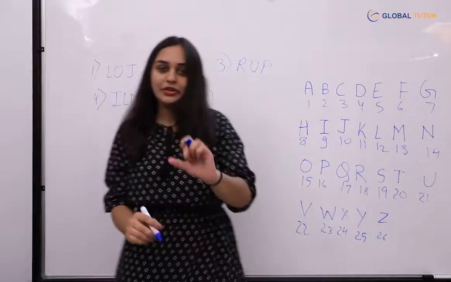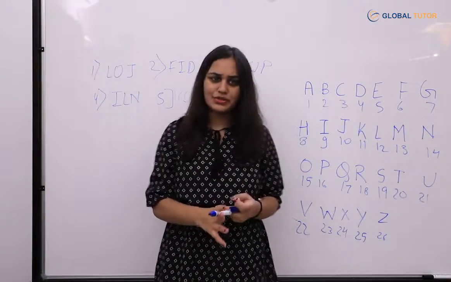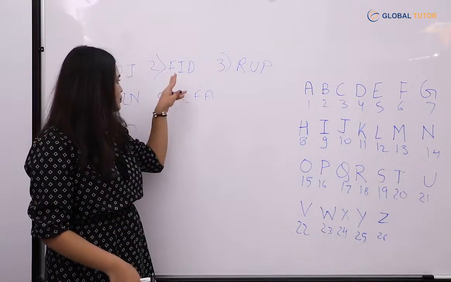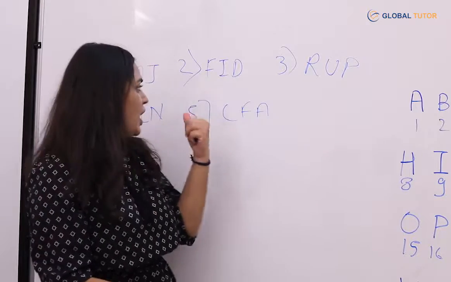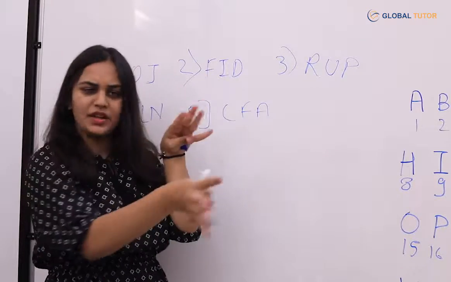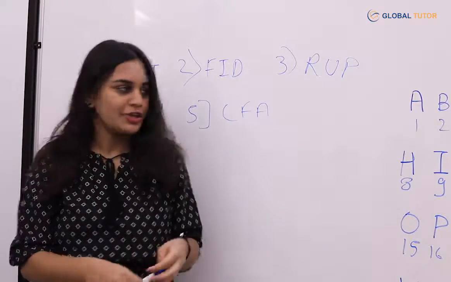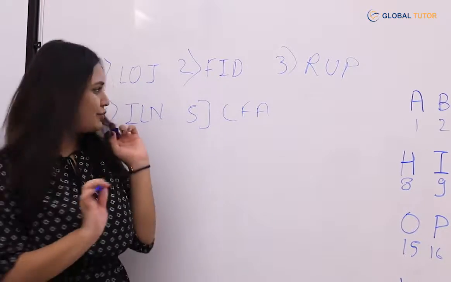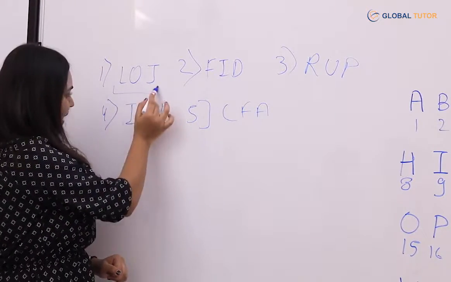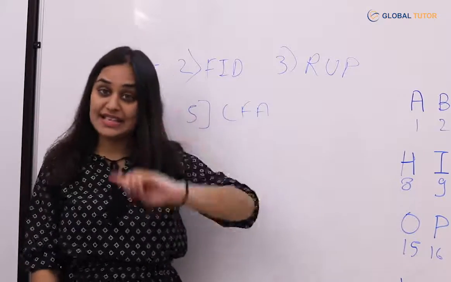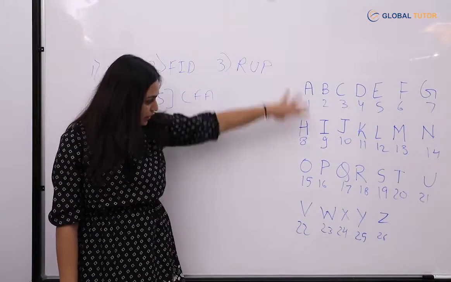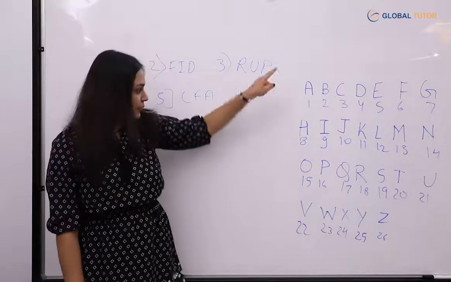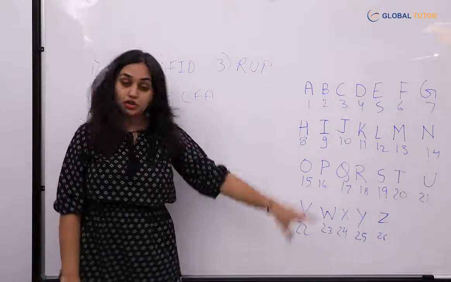All the questions that we discussed in our previous episodes had options with two letters in every group, and we never discussed a combination of 3 letters or more. So this might be a little tricky, so listen closely. We've got LOJ. As I said in our first episode, always make this particular chart from A to Z, from 1 to 26.